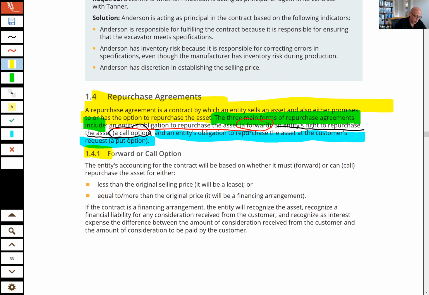Let's look at forward or a call. Okay, and how we treat it is going to be entirely predicated on whether the repurchase price is more or less than the original sales price.